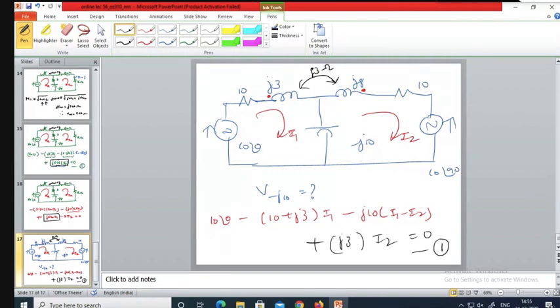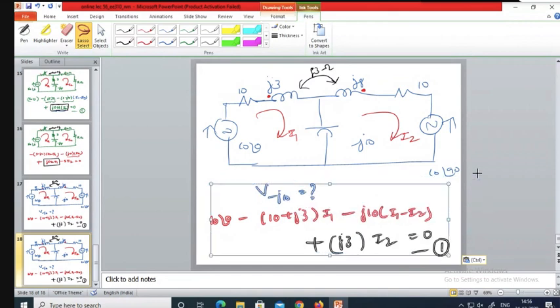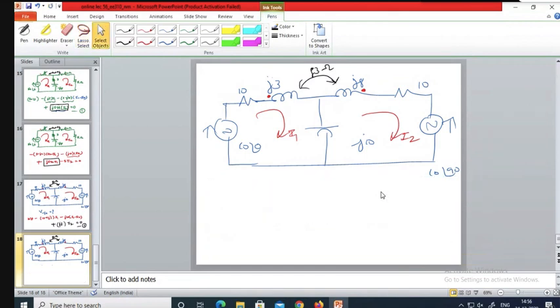Next, repeat the same for the second loop.